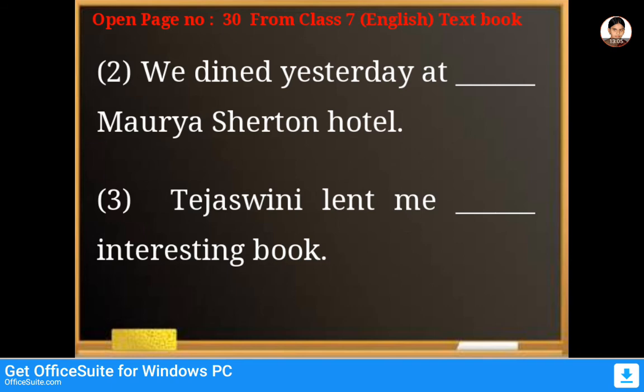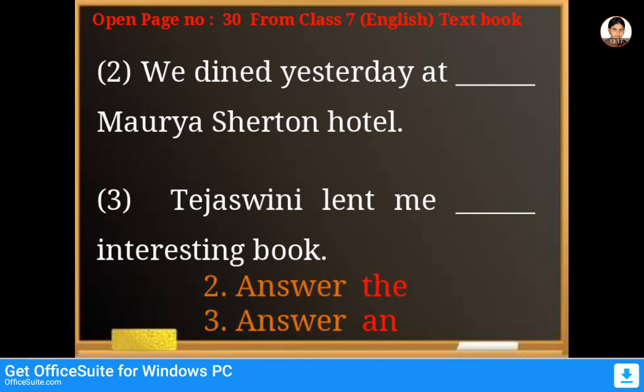"The" is used before a particular place. Tejaswini lent me an interesting book. Here the word starts with the vowel letter I. "An" is used before a vowel letter. Second answer is the Maurya Sheraton Hotel. Third answer is an interesting book.